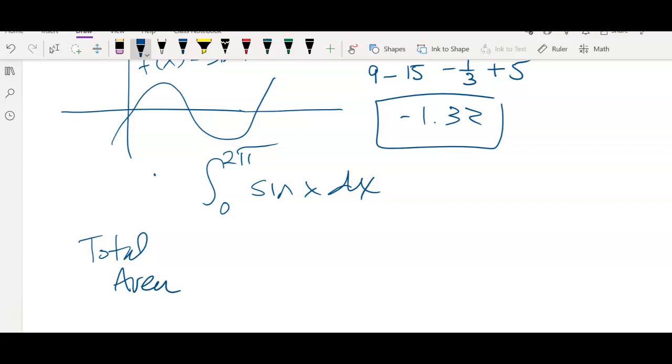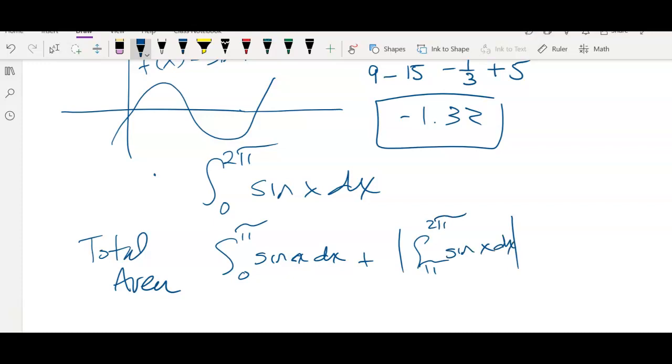But you would technically need to do the area from 0 to pi and add it to the absolute value of the area. So I think the area under the sine curve, the piece of it, comes to 2. But I'm saying that off the top of my head. If you get a problem like this, I just want to leave it like that. Just kind of show you.